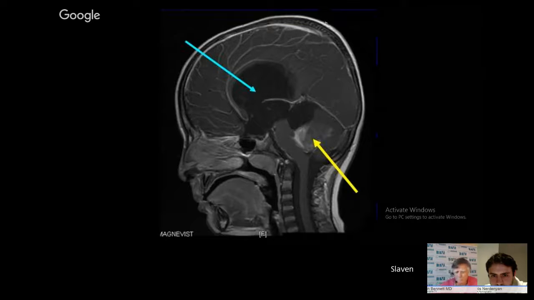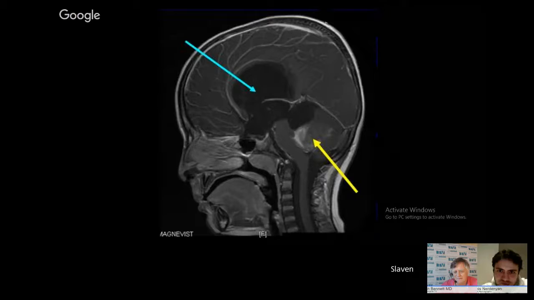So would you use the tela-velar approach, or would you go for this approach, which is the interhemispheric approach here? Which one is the most favorable? Which one is the best to you? What do you think? Why don't you go, Dennis? If you have any ideas, guys.